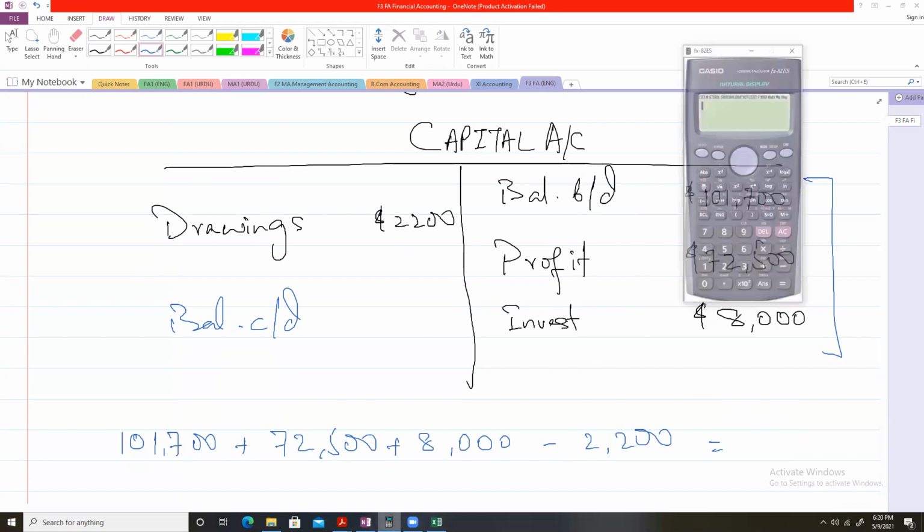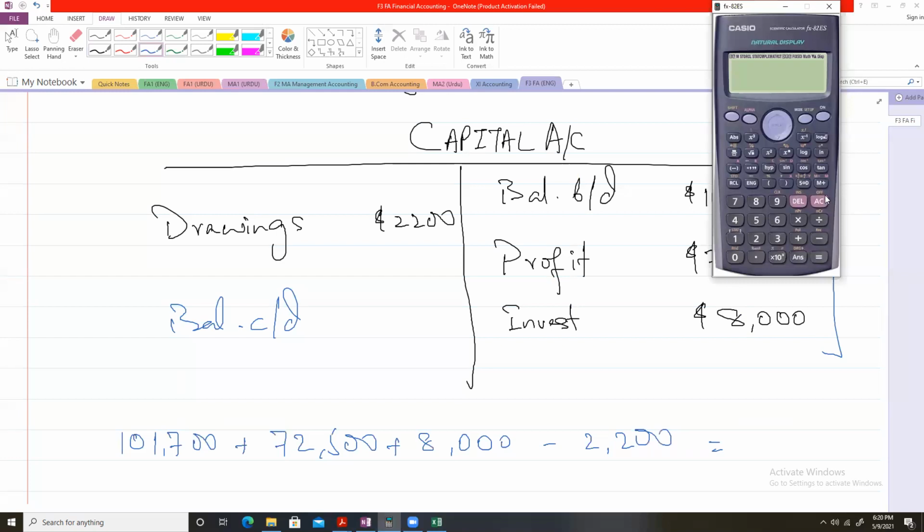Now let us calculate what will be the closing balance. Simply 101,700 plus 72,500 plus 8,000 minus 2,200.